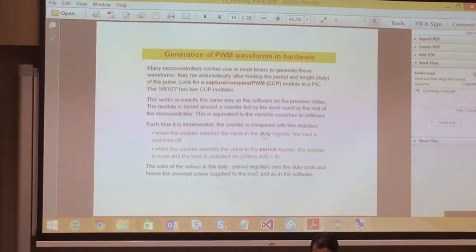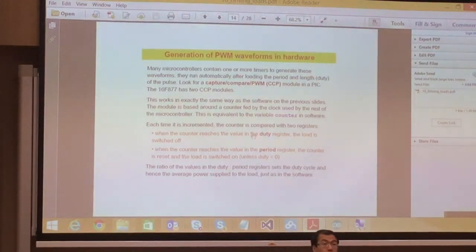The examples we show here are many different ways to implement PWM. If you want to use registers, it's a more robust way to do it, but it really depends on what you need.